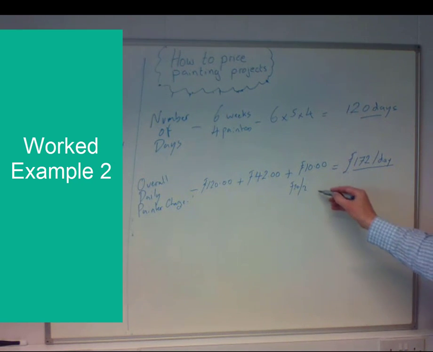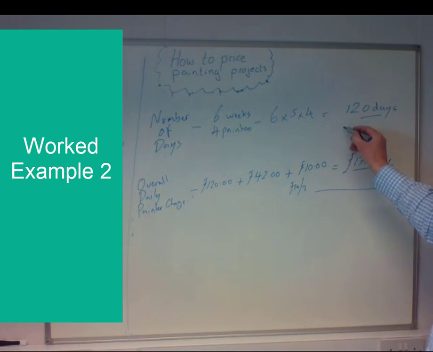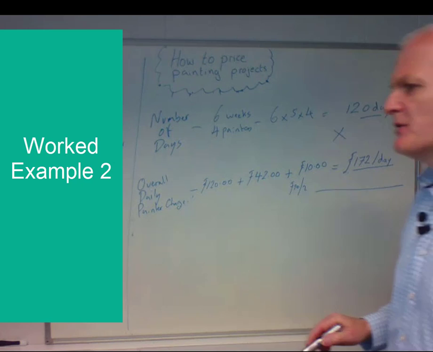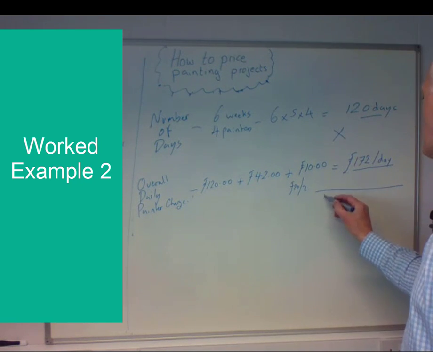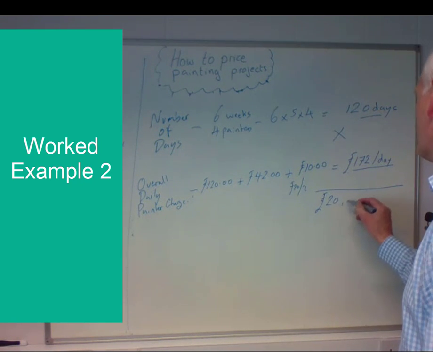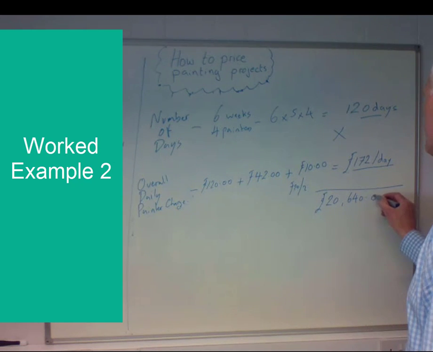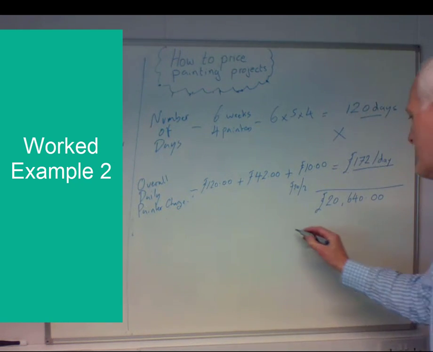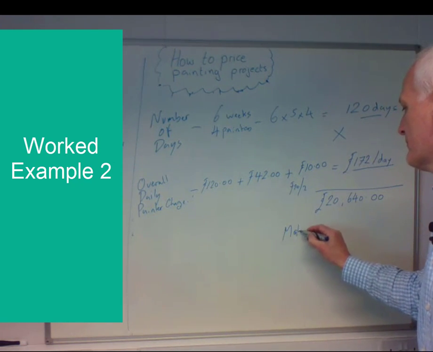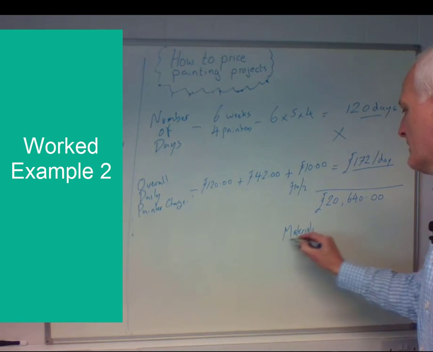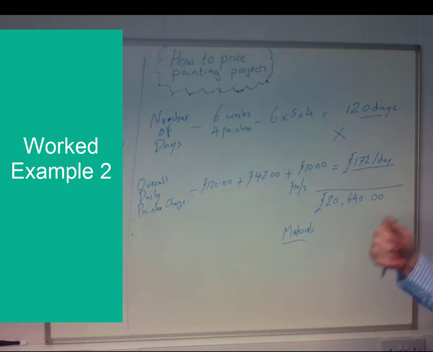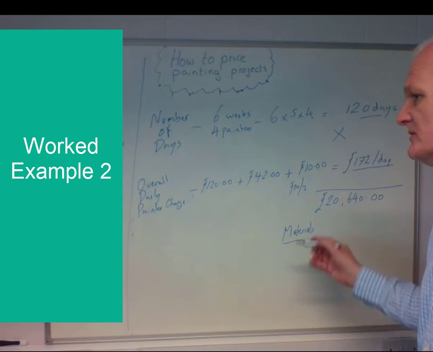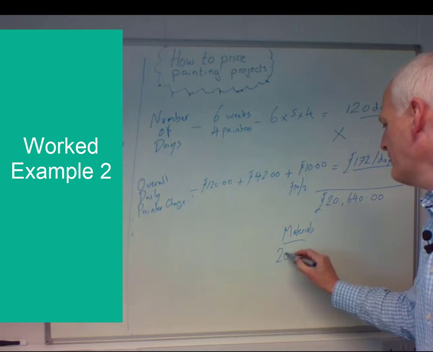Now, if we stick with this, then 120 days times £172 a day is 20,640. Then I've got my materials. This time, let's say we've got slightly more expensive materials.